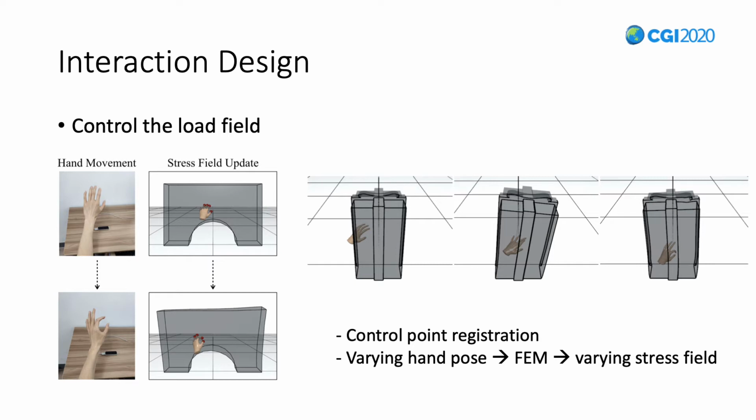We check the displacements of the finger joints inside the model and map them to the loads. Then, we use the finite element method to simulate the stress distribution under the loads. As the left hand moves, we obtain the corresponding time-varying stress field.